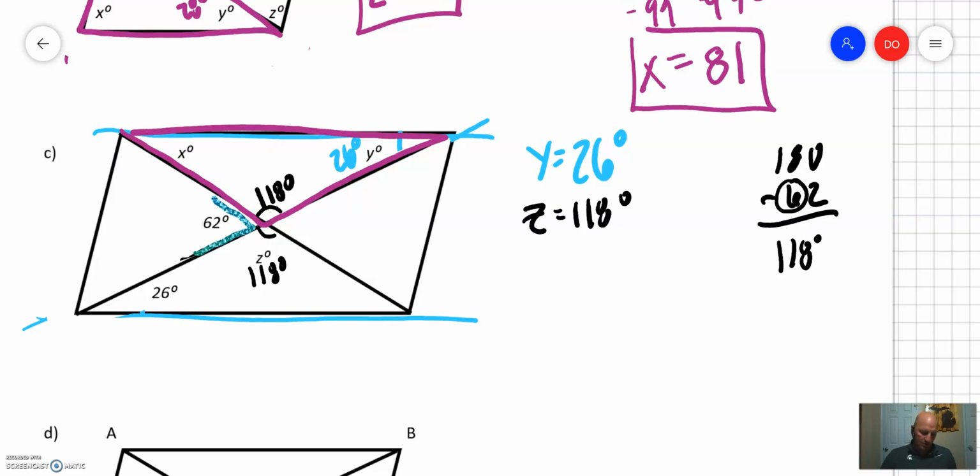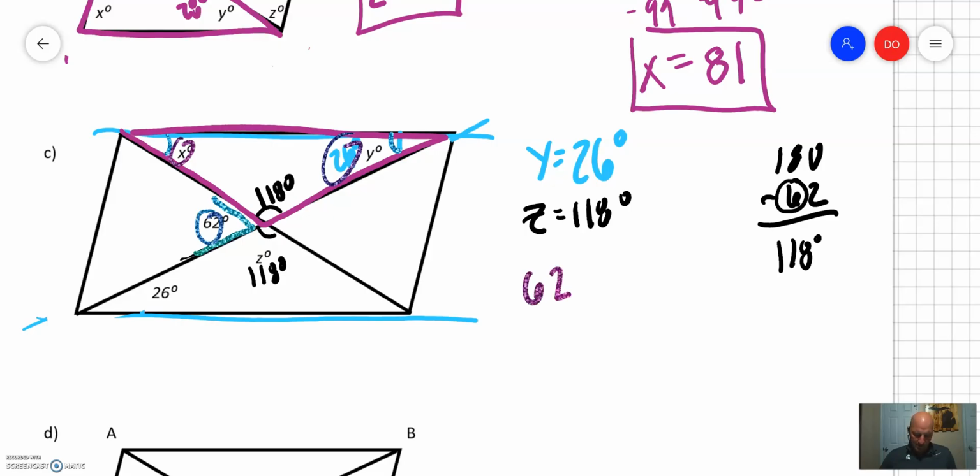That should be equal to the sum of the 2 remote interiors. So that's another way to come up with it. So really, 62 minus 26 should produce this angle measure right here, x. Or x plus 118 plus 26 would all equal 180. Either one of those would work. I'm going to use the triangle exterior angle theorem.